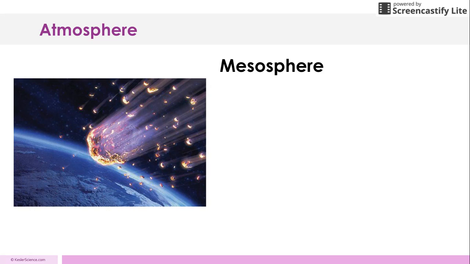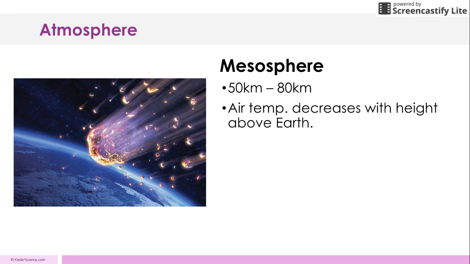All right, the next atmospheric layer we're going to talk about is the mesosphere. It's 50 kilometers to 80 kilometers above the Earth. Air temperatures decrease with height above the Earth, so getting colder.